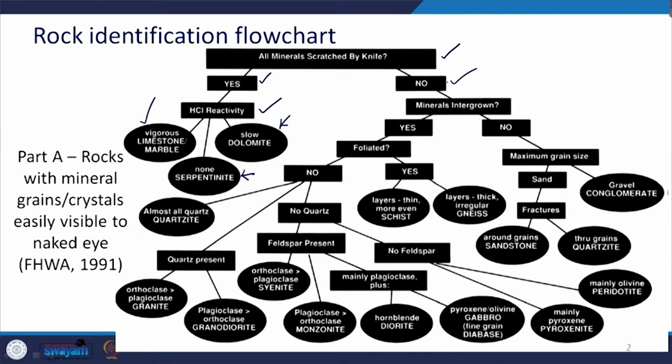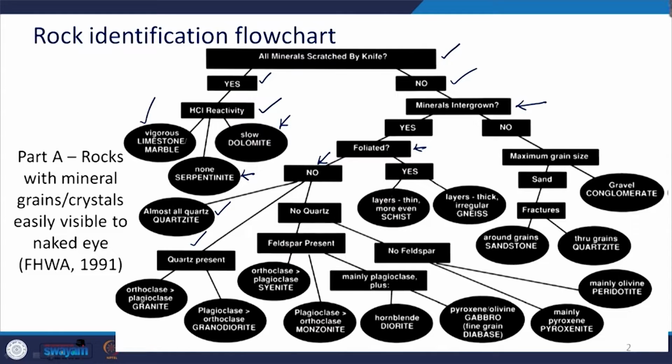The next question which is asked is whether the minerals are intergrown or not. If yes, then the next thing is whether they are foliated or not. If they are not foliated, then we have to follow this branch. If almost all is quartz, you have quartzite. If quartz is present but in some quantity, then you check whether orthoclase is more than plagioclase.